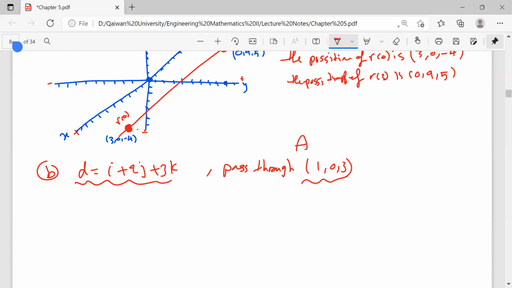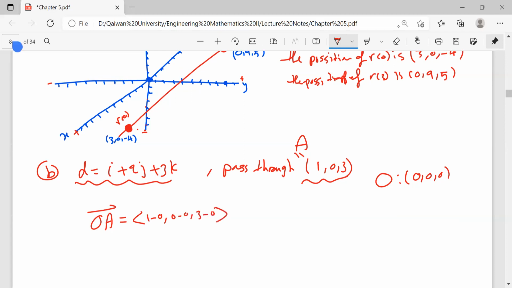First, we should find the vector from the origin to A. We say OA, the origin is (0, 0, 0), and this is A. So it's 1 minus 0, 0 minus 0, and 3 minus 0.